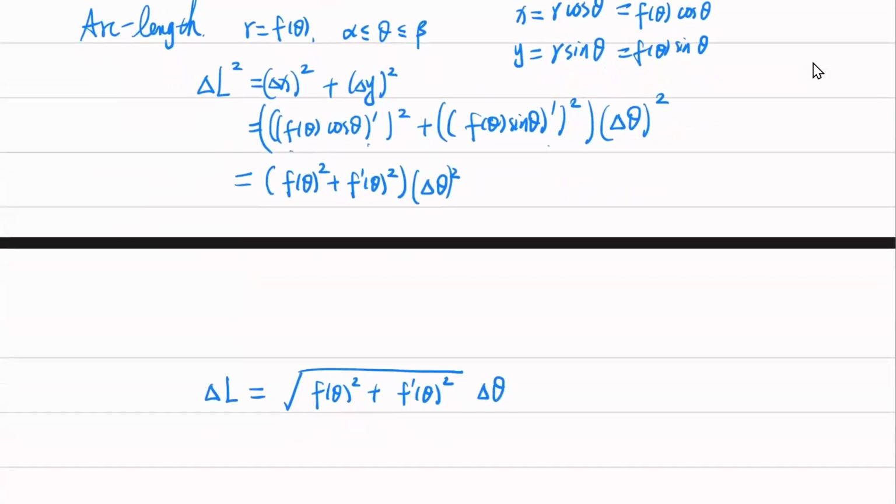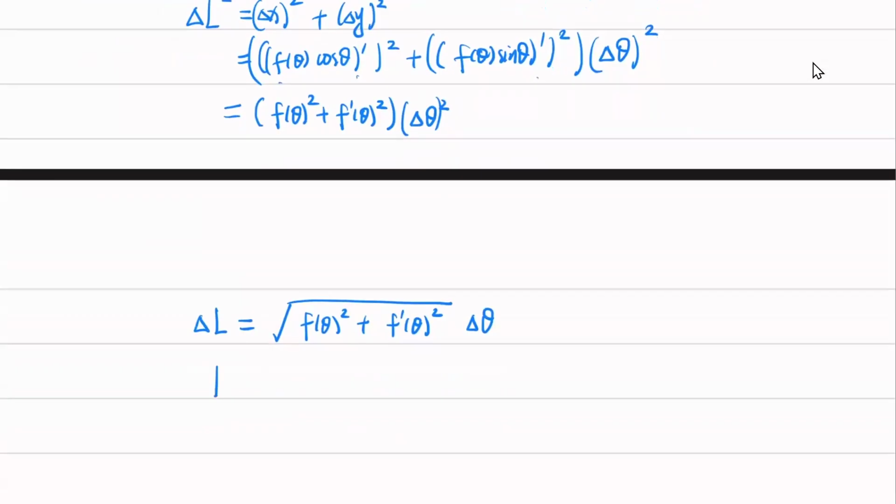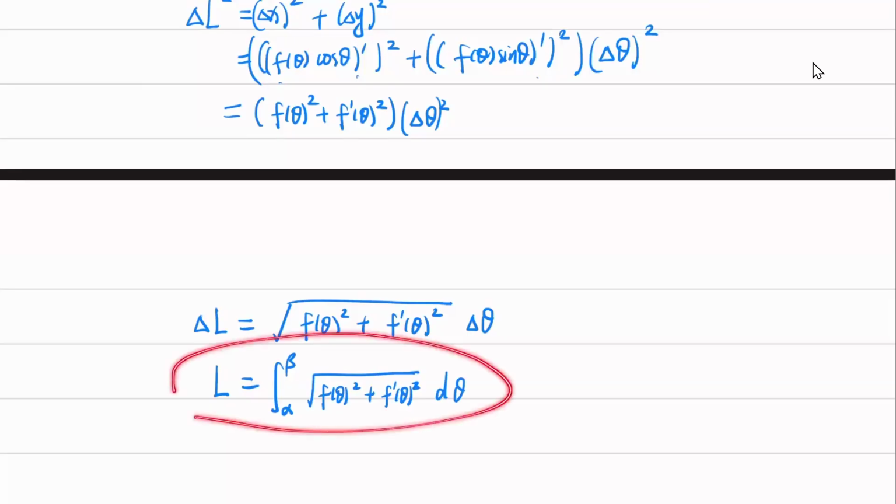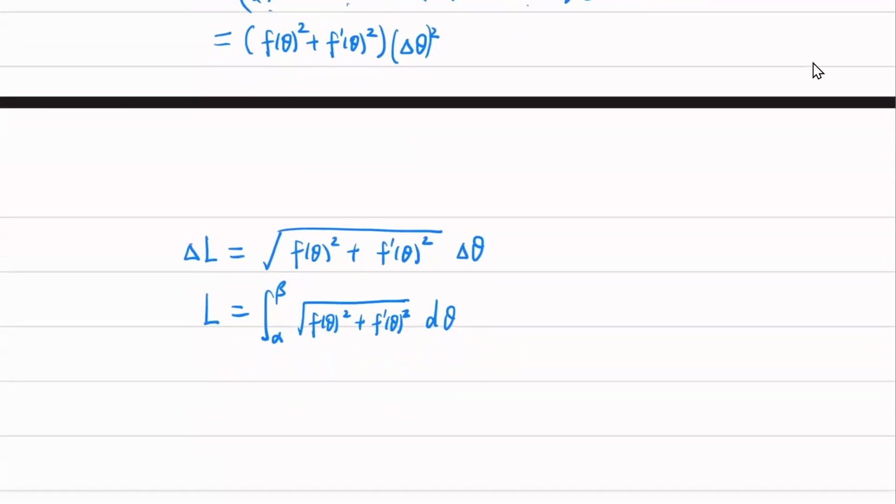So we have the arc length formula. Be very careful about this formula: it has f squared plus f derivative squared.